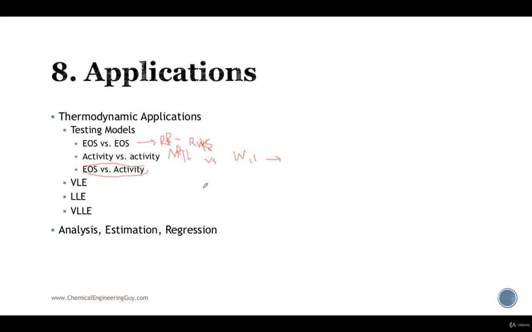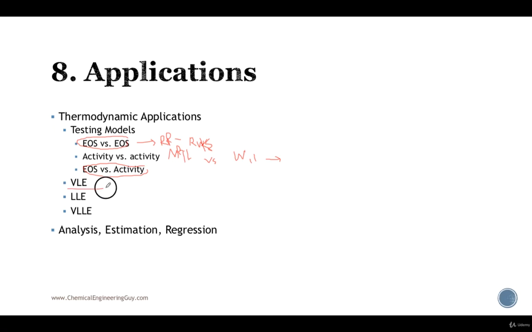Let's say you have a water-ethanol mixture, well, that will be much more relevant to use activity models versus equations of state. If you have, let's say, a butane and pentane mixture, you will most likely use an equation of state, because you're going to have a gaseous state much more relevant than the liquid phases.